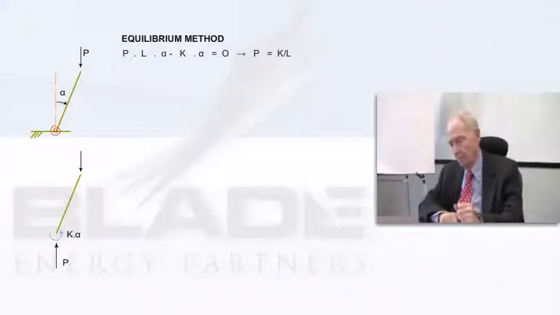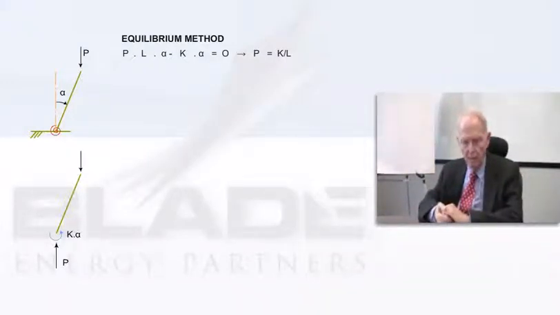If you have a physical imagination about these kinds of things, you would realize that if P exceeds K over L, this thing is just going to keep flopping over. And in an equilibrium method, you sometimes have to use that kind of imagination to determine exactly what's going to happen.